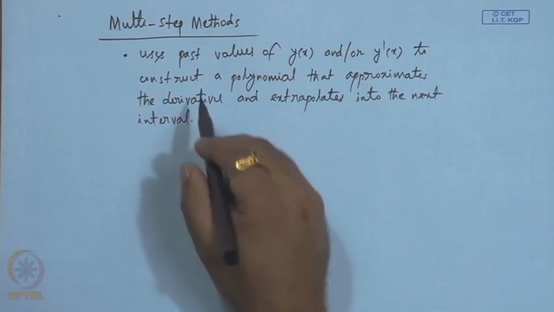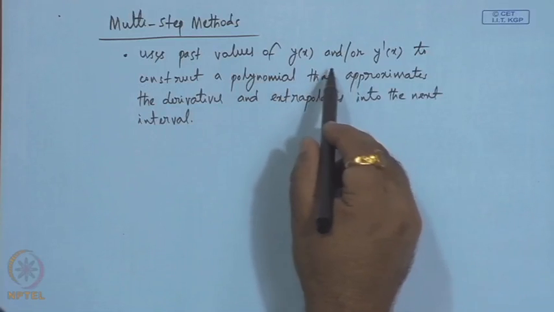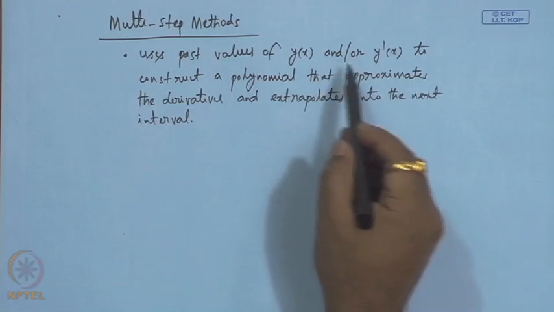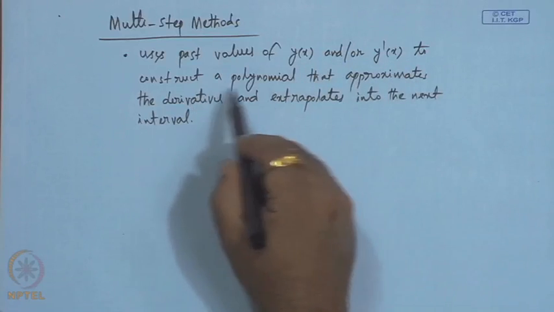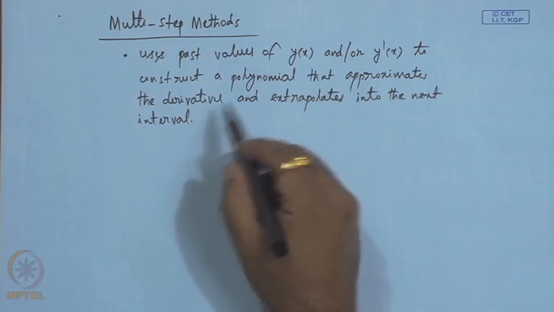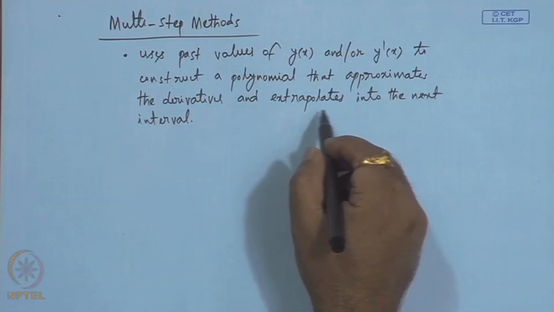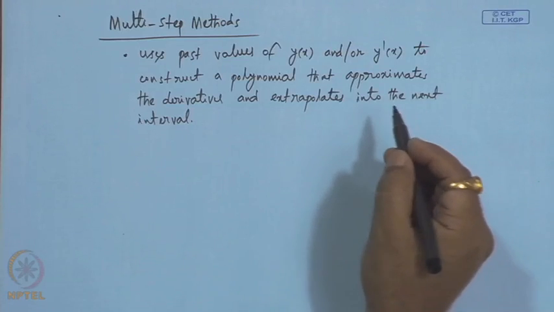So, what it does? It uses past values of y of x and or, that means sometimes y dash as well, or sometimes just y alone, to construct a polynomial that approximates the derivatives and extrapolates into the next interval.